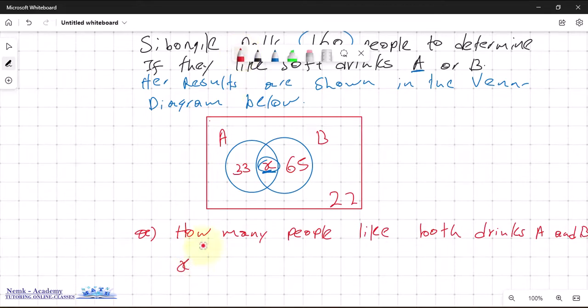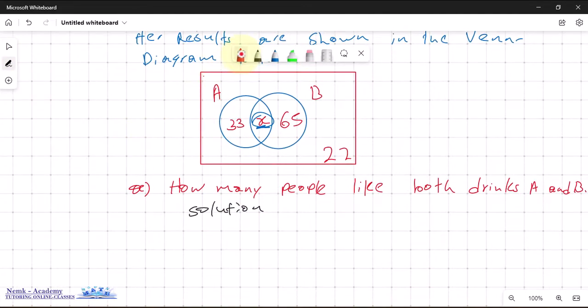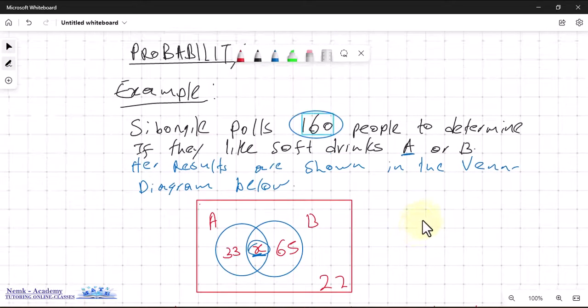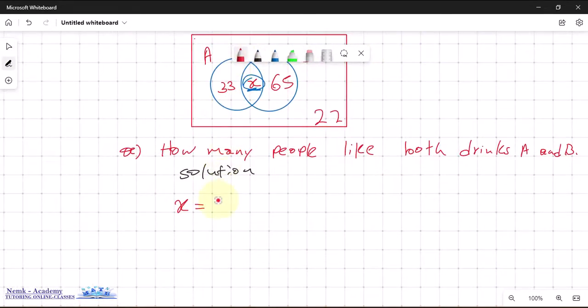So we're going to say X is equal to, what's the solution there? Solution. Those who like both: X is equal to how many people were interviewed, 160, minus those who don't like at all, 22, minus 33, those who like soft drink A, minus 65, those who like soft drink B. Do you see that?